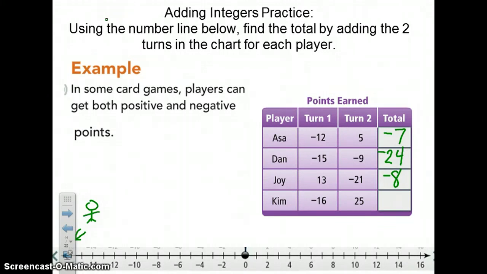Okay, so negative 16, and we're going to add 25. So 16 would bring us back to 0. We're going to keep going to 25. So 17, 18, 19, 20, 21, 22, 23, 24, 25 brings us to positive 9. So it looks like Kim is in the lead with 9 points.